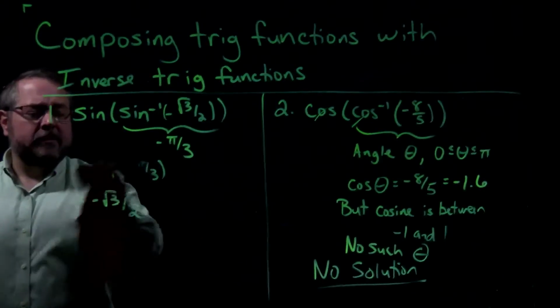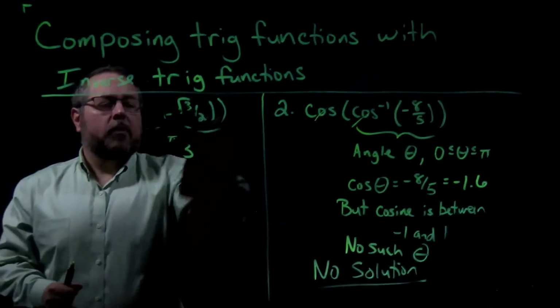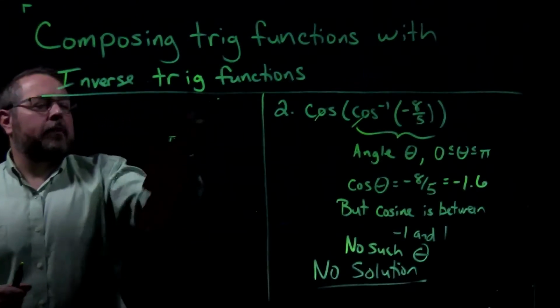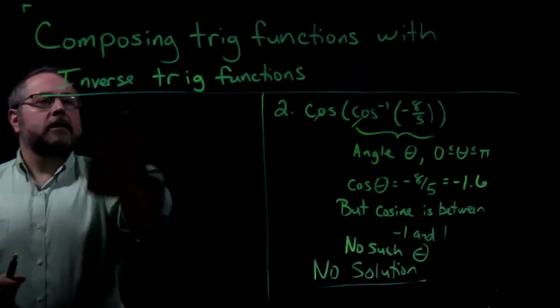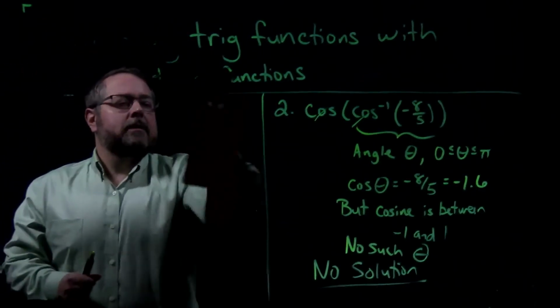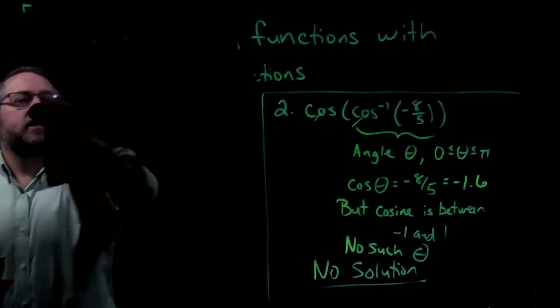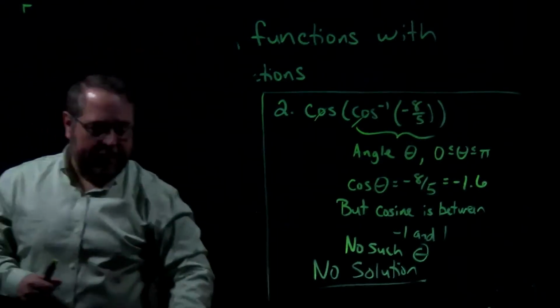On the other hand, if we replaced -8/5 with something that does exist, say -4/5, that's fine because -4/5 is greater than -1.